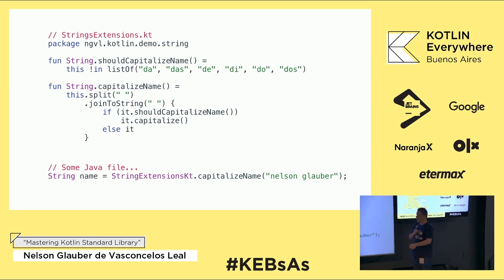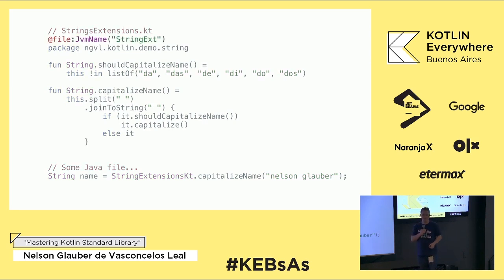This is the default class name which is generated by the compiler. You can also rename this class using JVM name. So instead of having StringExtensionsKt, you can just have StringExt, for example, okay? And it's shorter and more Java friendly per se.